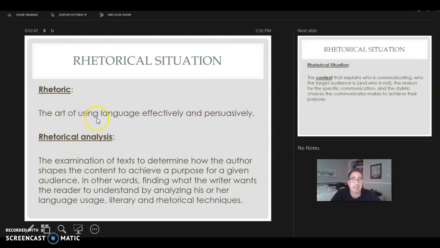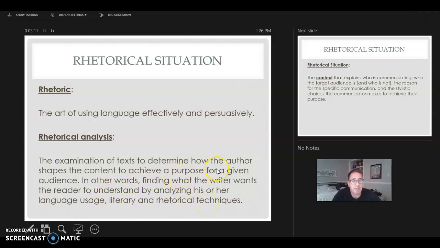So we'll be analyzing how speakers and creators of text try to use language to effectively persuade or influence us. We can define rhetorical analysis as the examination of text to determine how the author shapes the content to achieve a purpose for a given audience. In other words, finding what the writer wants the reader to understand by analyzing his or her language usage, literary and rhetorical techniques.